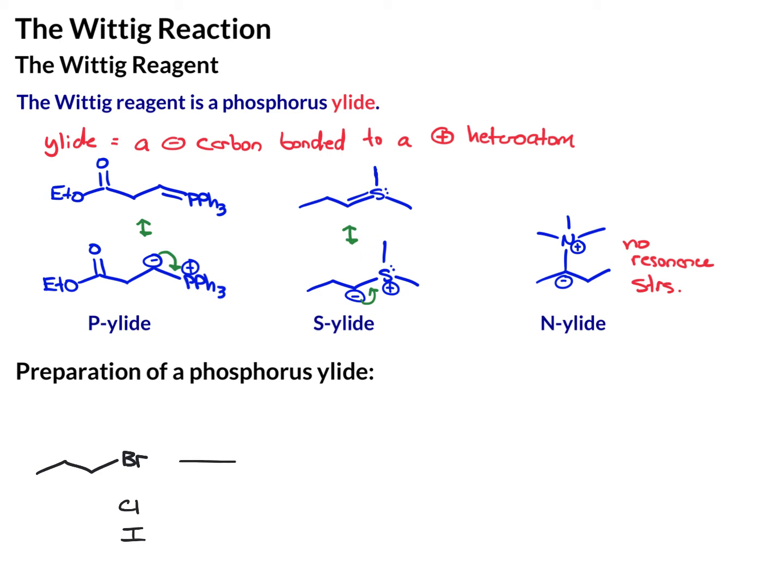Next, what we'll do is react this with triphenylphosphine, PPh3, and this neutral structure has a lone pair on the phosphorus. This will do effectively an SN2 reaction where the phosphorus attacks this carbon and you lose Br as a leaving group.